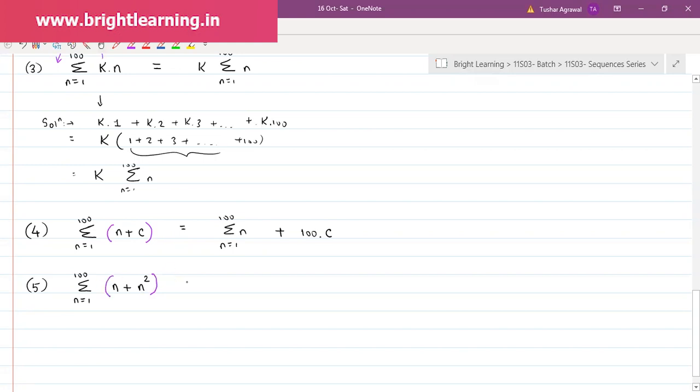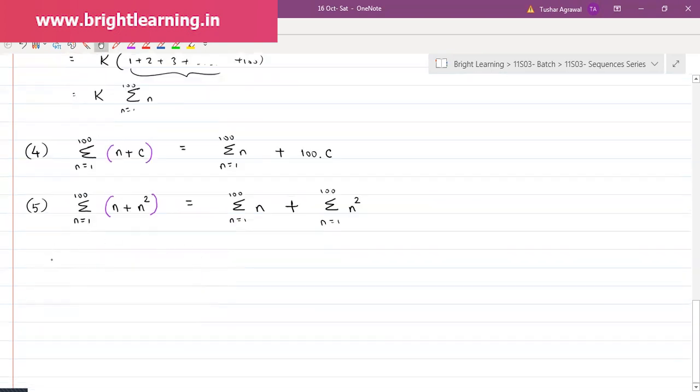So this summation equals the summation of n plus the summation of n square, and the limit remains the same: n equal to 1 to 100, n equal to 1 to 100. You can break the addition into individual terms separately.